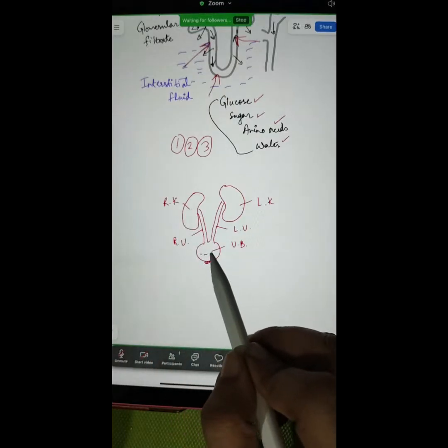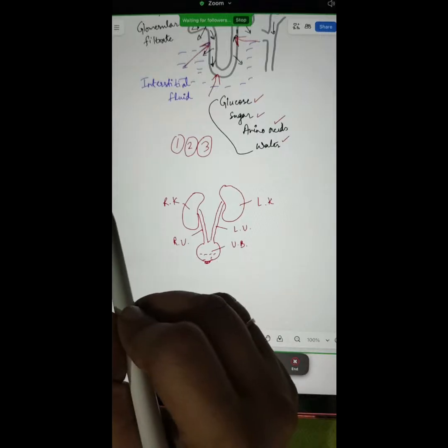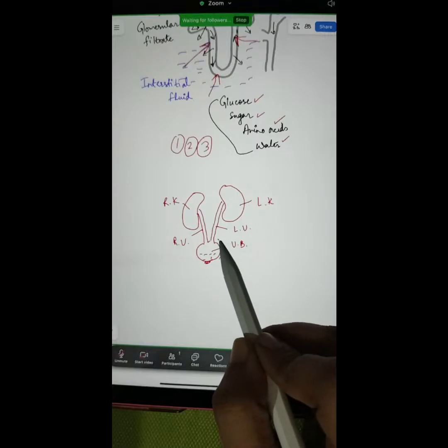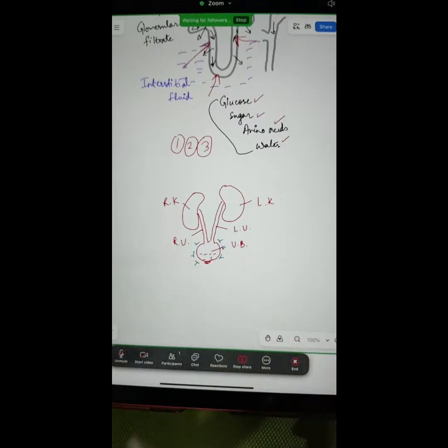Once the urinary bladder is a little less than half full, it is surrounded by neurons. So outside, all the neurons are there, and as the bladder gets filled, it is muscular, its walls get stretched, and this creates an impulse for the neurons that are surrounding the urinary bladder.